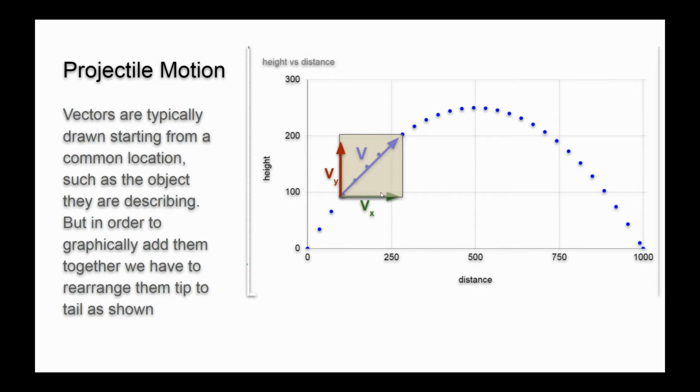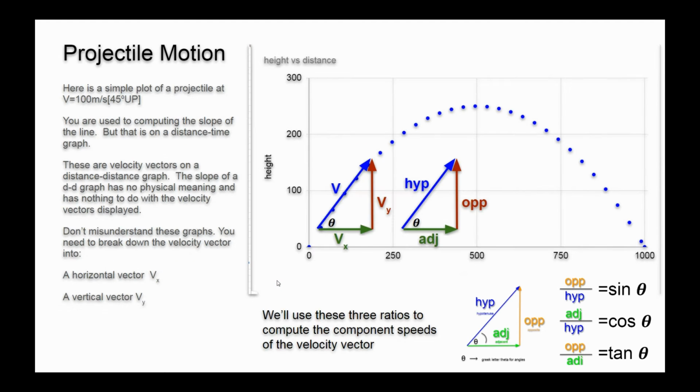So to graphically add them, this looks nice when you're picturing that this object has a horizontal speed and a vertical speed that combine to the trajectory in space, but you can't do math on them that way. You have to rearrange them like this, but sometimes your brain will go, hey, what do you mean? This velocity vector is not even affecting that particle over here. It is. We've just moved it over so we can do basic trig with it.